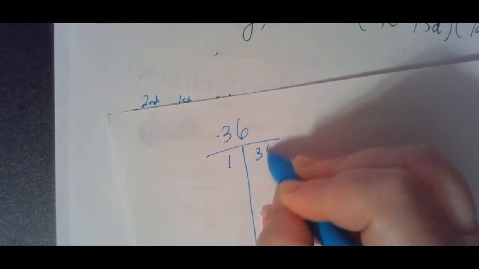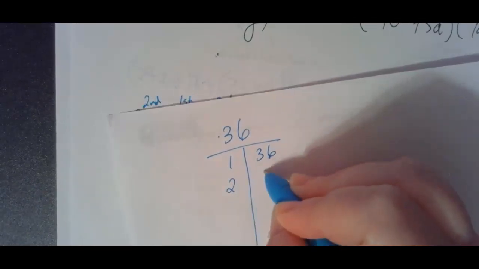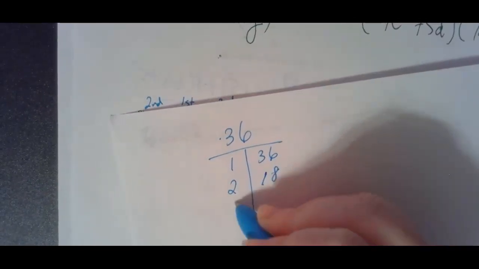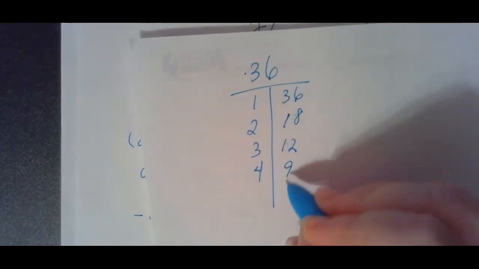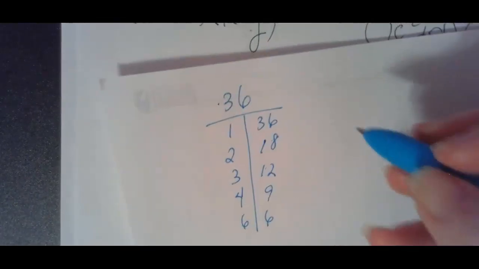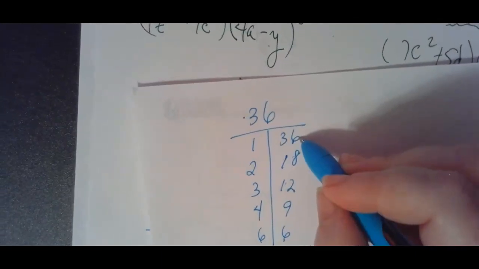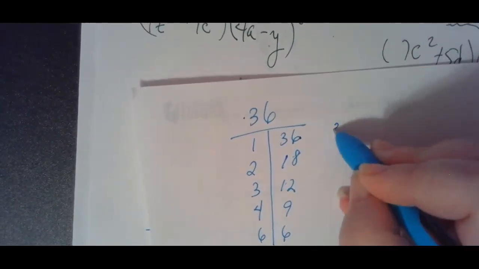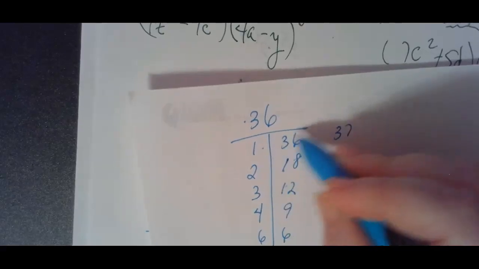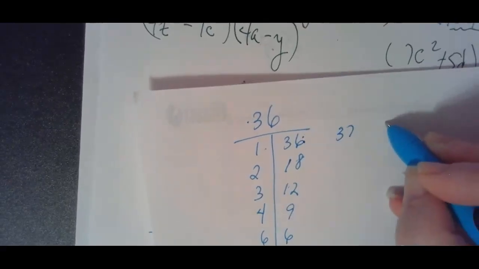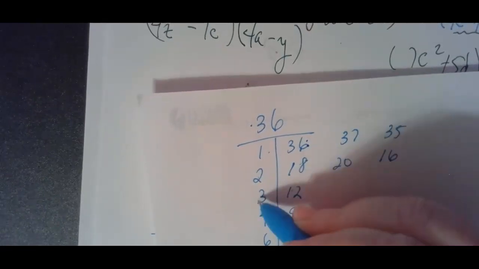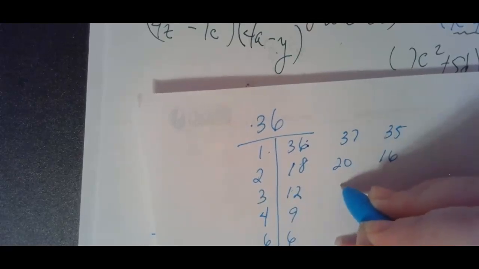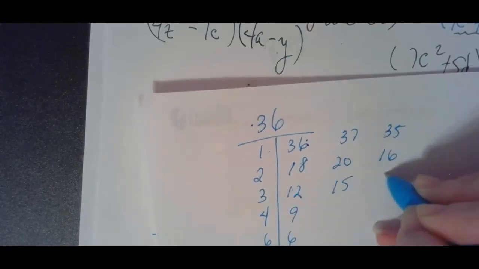Well, 1 times 36, 2 times 18, 3 times 12, 4 times 9, and of course 6 times 6. If I add 1 and 36, I would get 37. If I subtract, I get 35. Neither one of those is 5. For 2 and 18, adding gives 20, and subtracting gives 16. For 3 and 12, adding gives 15, and subtracting gives 9.